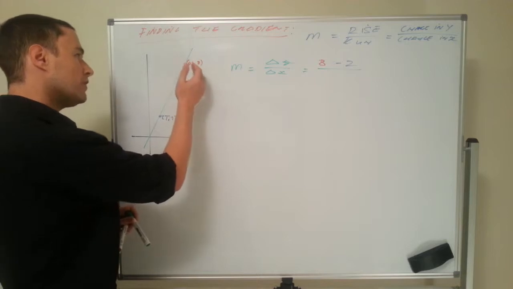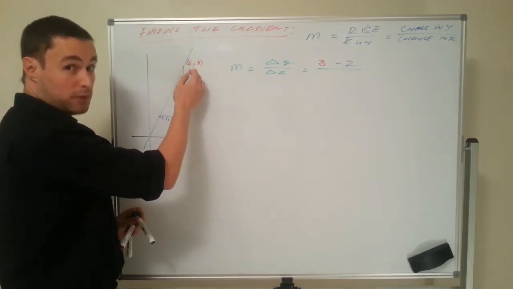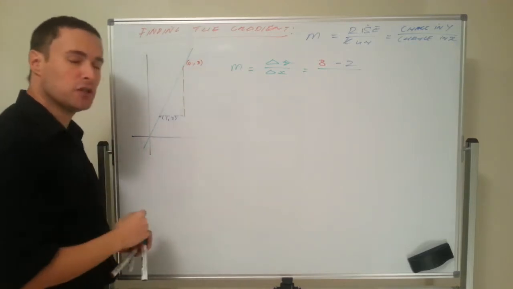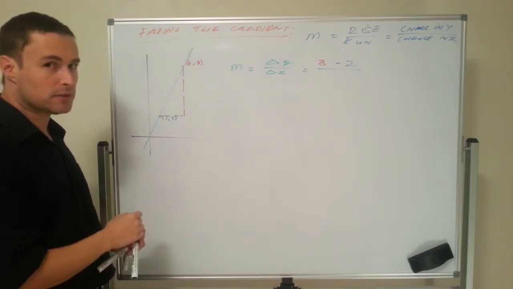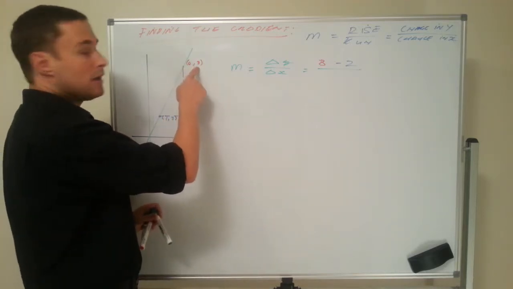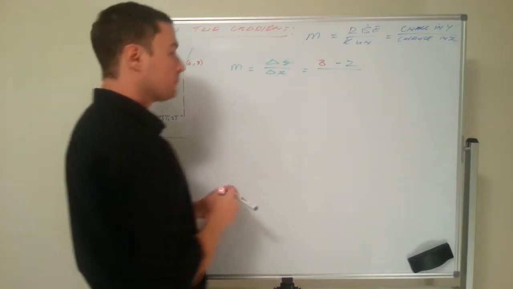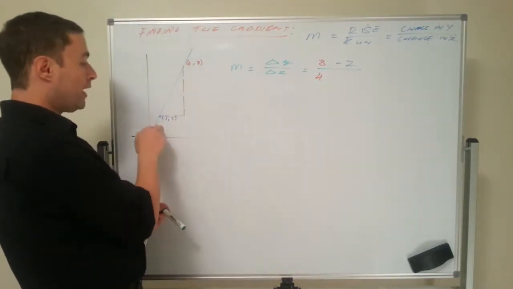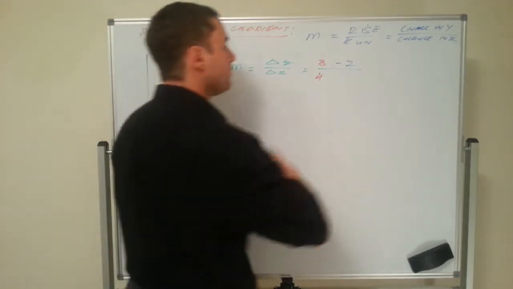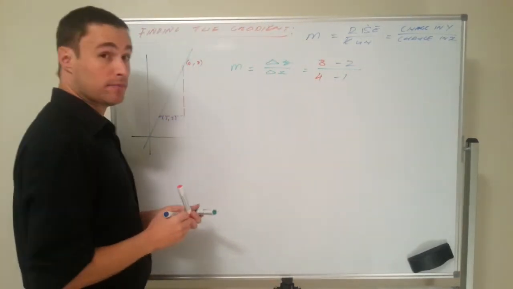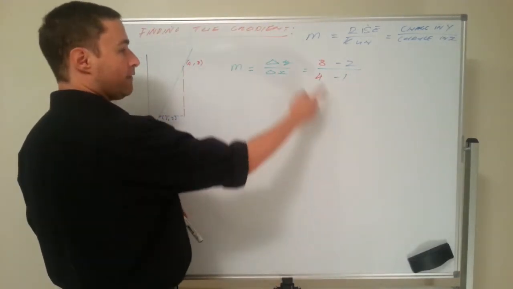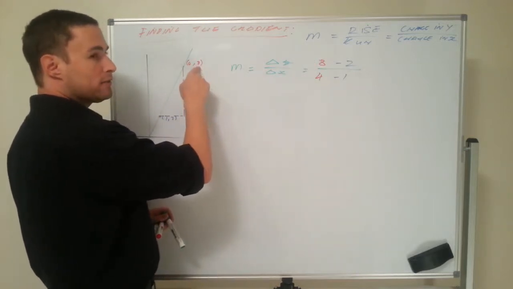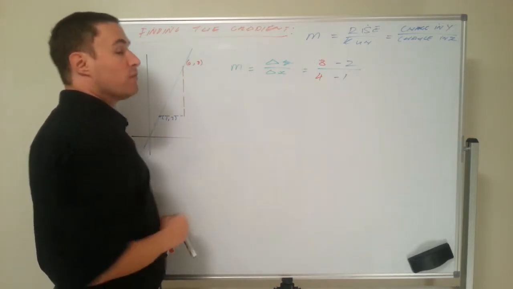If you've chosen that one to be first on top in the y values, it has to be first at the bottom in the x values. So if I've chosen 8 first, then 4 has to go first at the bottom. The change in x is 4 minus the x value, minus 1. That's important: if the y is first on top, the x has to be first at the bottom.